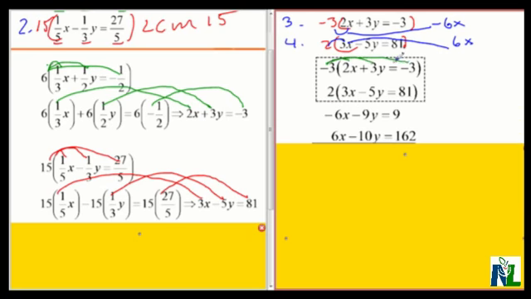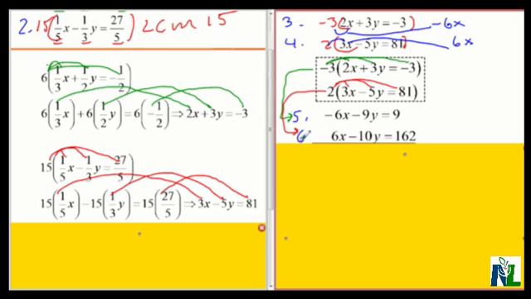So I'm going to multiply equation 3 by negative 3 and equation 4 by 2. All pieces get multiplied by negative 3 here. So I'll get negative 6x minus 9y equals 9. I'll call that equation 5. All three pieces here get multiplied by 2. So I'll get 6x minus 10y equals 162.